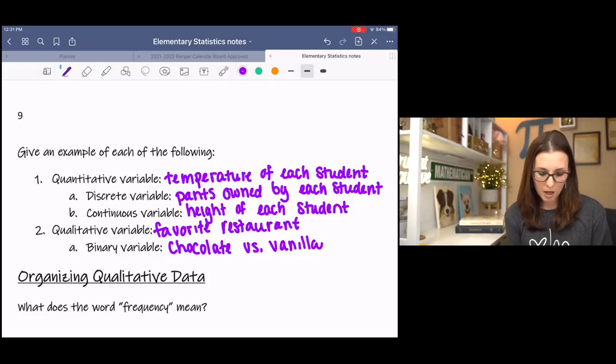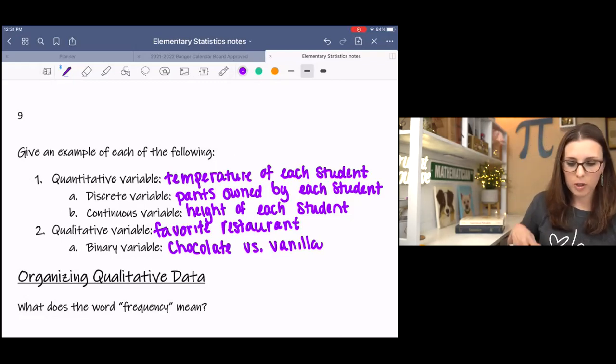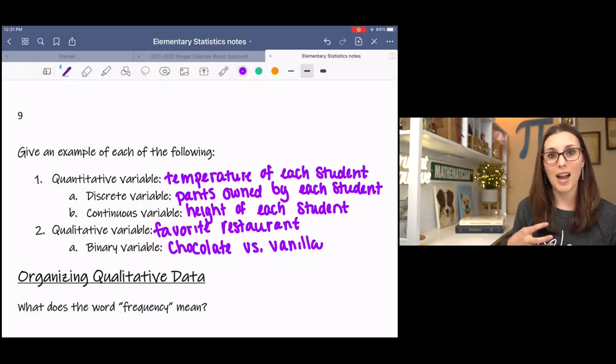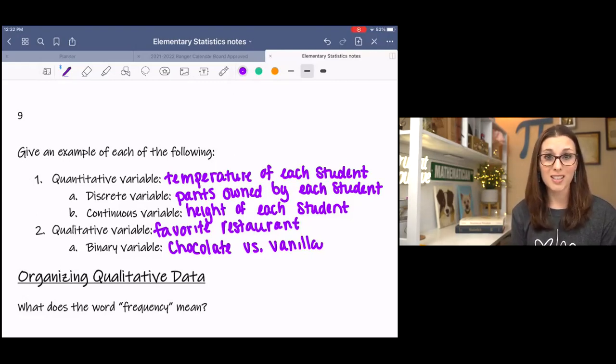One of the things that I talked about earlier was that sometimes numerical data is actually qualitative. A really popular example of that is zip codes. So if you ask someone what their zip code of their hometown is, that's numerical data.